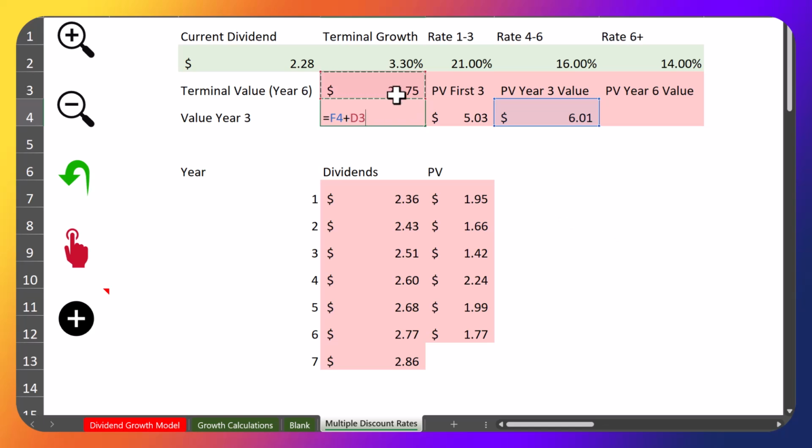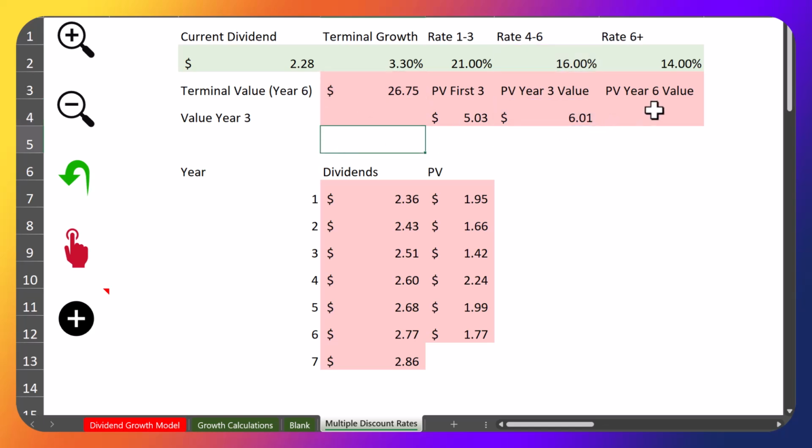Take that. We're going to discount those at 16% though, because we're looking at things as of the end of year 3, raised to the power 3. And finally, maybe I should calculate this here first.